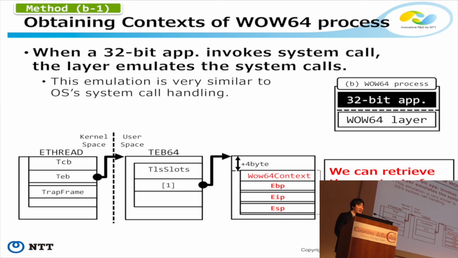This emulation is very similar to the OS's system call handling, so the layer saves all registers into memory like this. So we can retrieve the context of the 32-bit application from the WOW64 context structure.